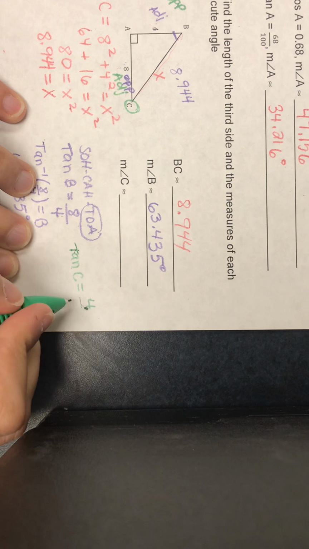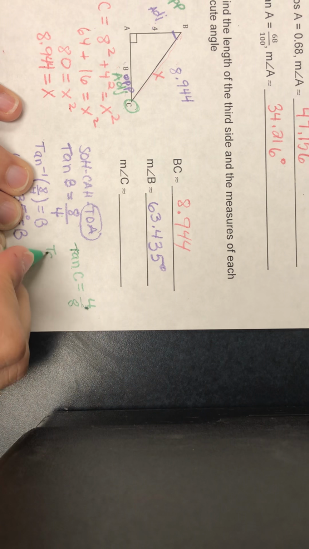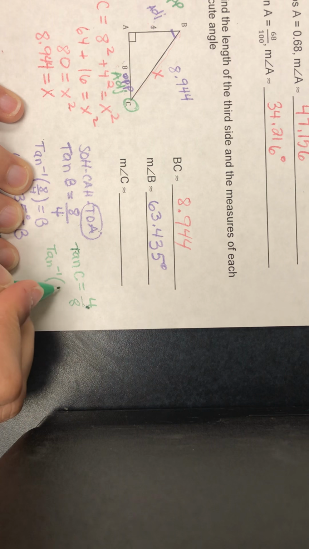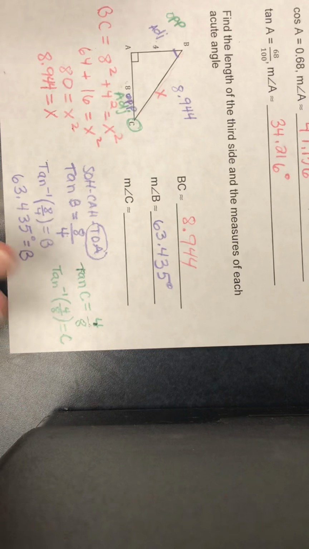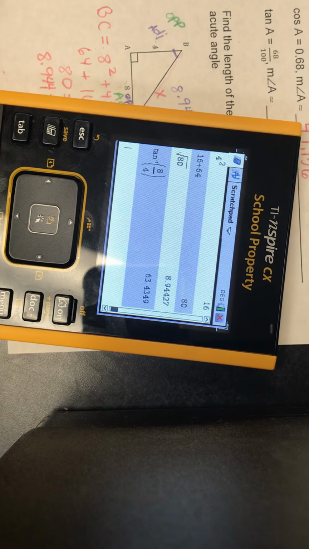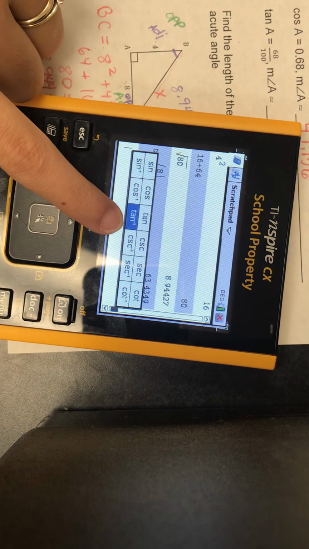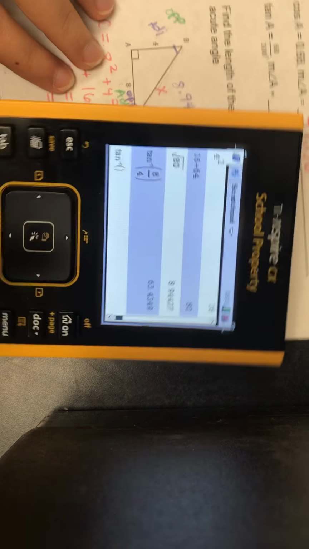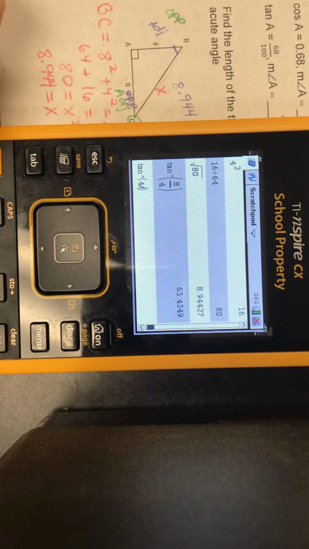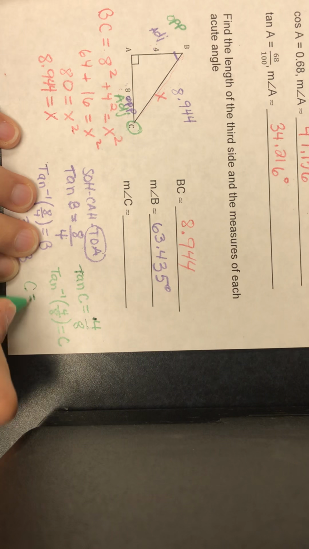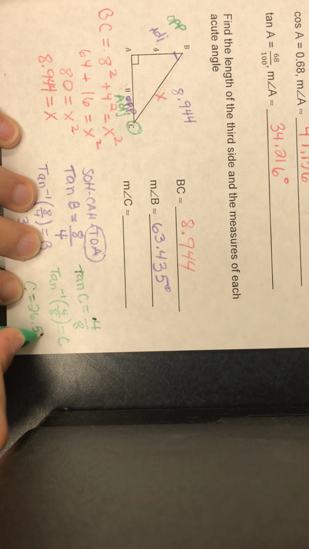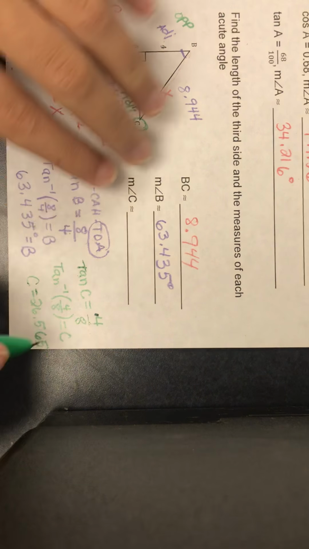And again, because I'm looking for the angle, I'm going to use the -1, 4 over 8. And I'm going to put that in my calculator. Okay, again, the bottom row, tangent of 4 over 8 gives me 26.565 degrees.